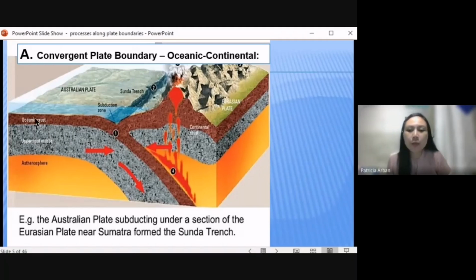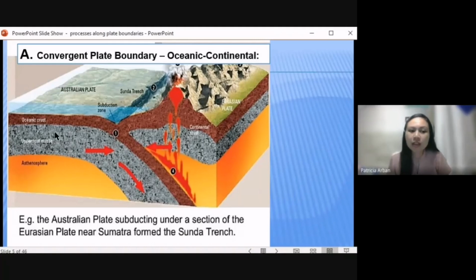The composition of the oceanic crust is basaltic, or it is composed of basaltic rocks or basalt, and then the continental crust is composed of granitic rocks, which are less dense compared to basaltic rocks. And remember, when one is denser, it always goes down.